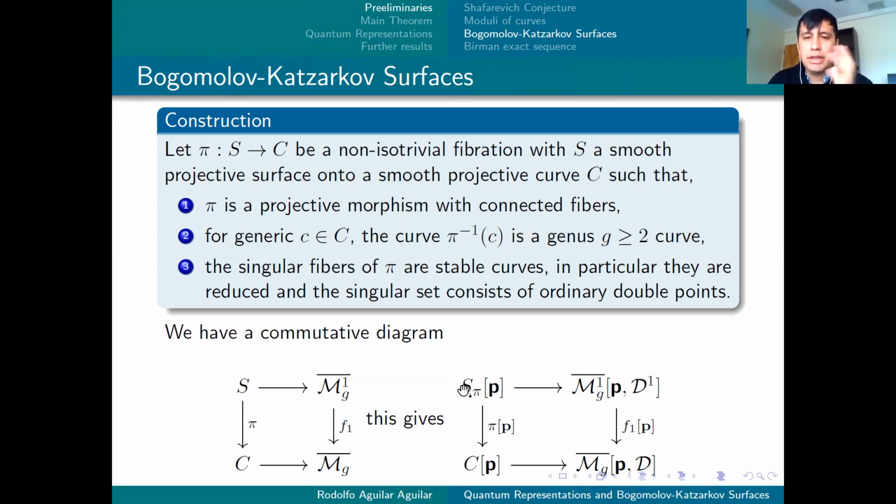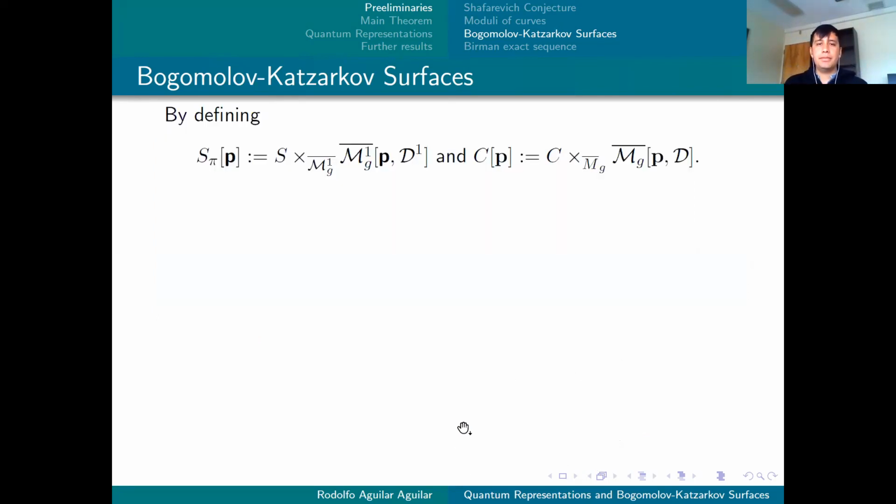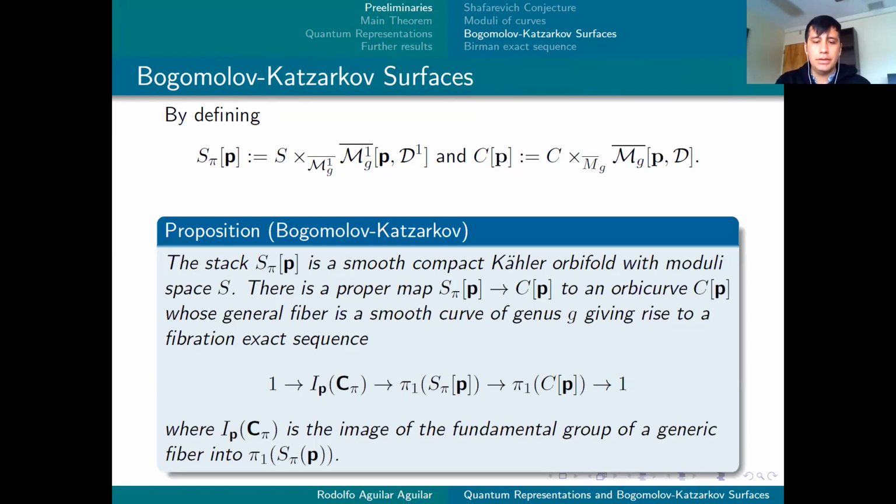But what we really need here is that they have a map to this, because we will find some representation of the fundamental group of this, such that the restriction will induce some representation in this surface. Okay. So now let me tell you about the structure of this surface. What is really important to us is that it will have some exact sequence of groups.